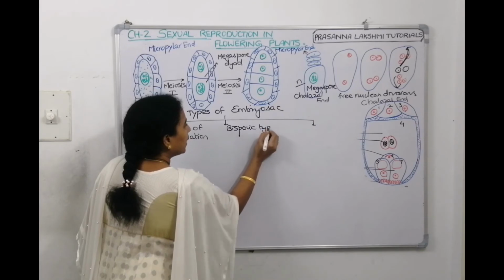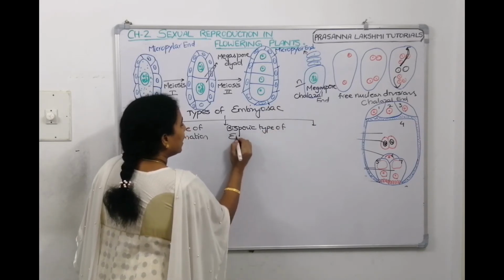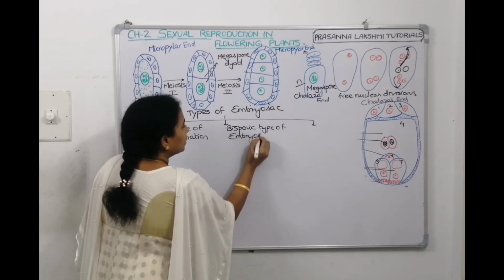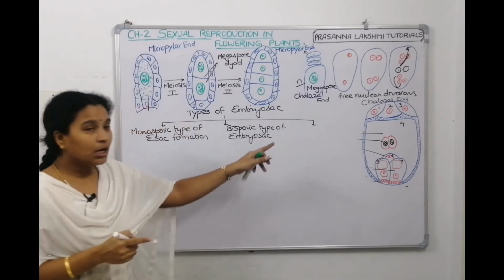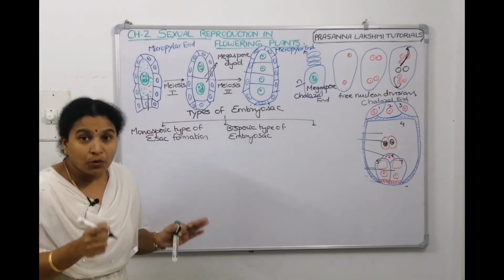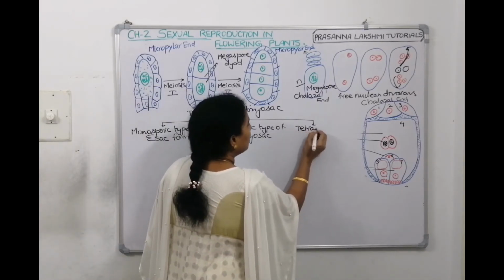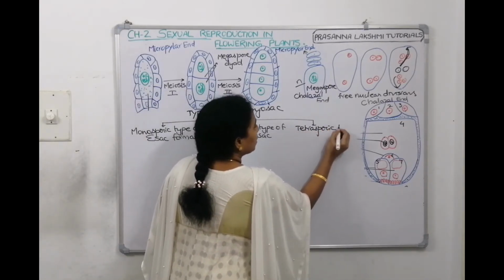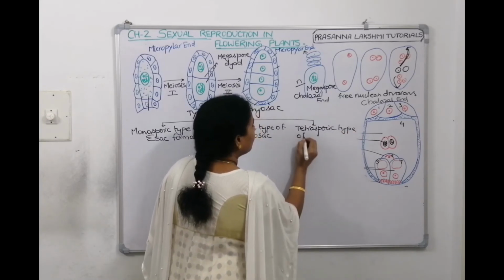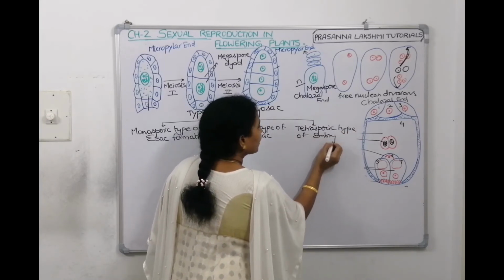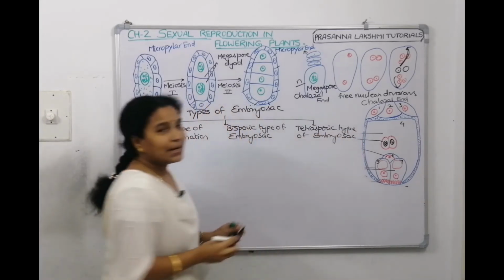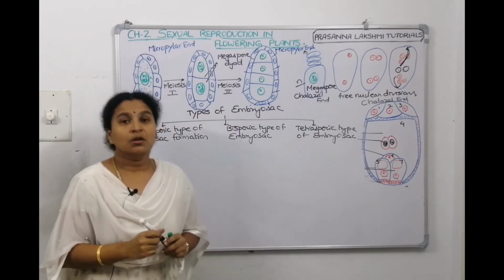The third one is tetrasporic type of embryo sac formation. There are three types of embryo sac formation.